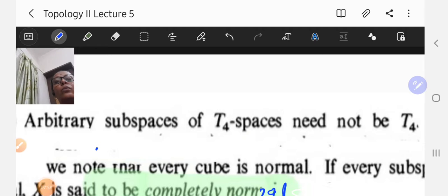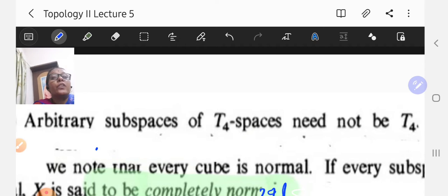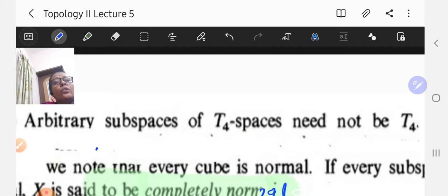Next, we know results about subspace, product space, quotient space. Now, in this normal space, that is for T4 space, a different result is there. Up to this point, that is T0, T1, T2, T3 spaces, every subspace of a T-space is a T-space.